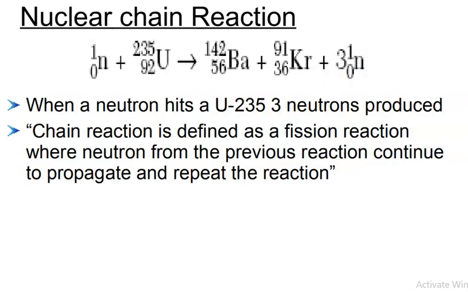Now we will discuss the nuclear chain reaction. Here we can see that one neutron is bombarded on uranium 235, thereby releasing barium, krypton and 3 neutrons. You can see that in the reactant part there is only one neutron, whereas in the products part, the resultant part, we can see that there are 3 neutrons.